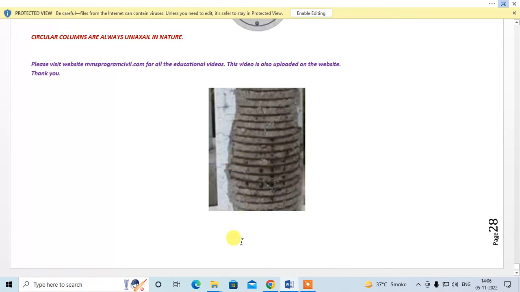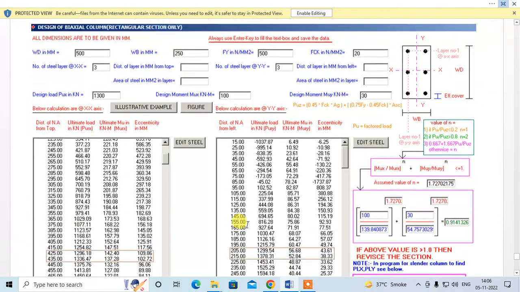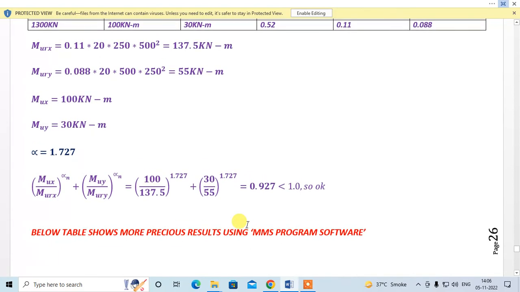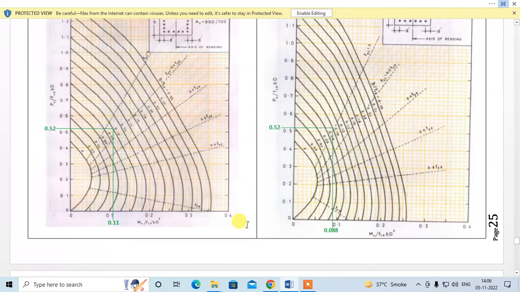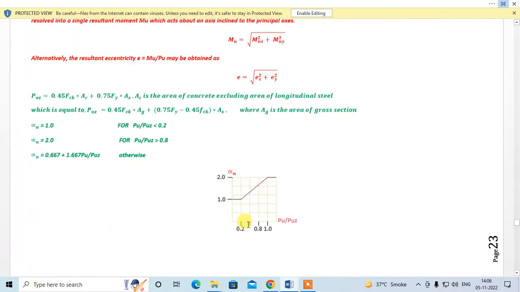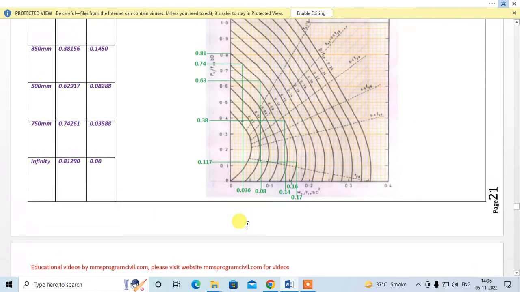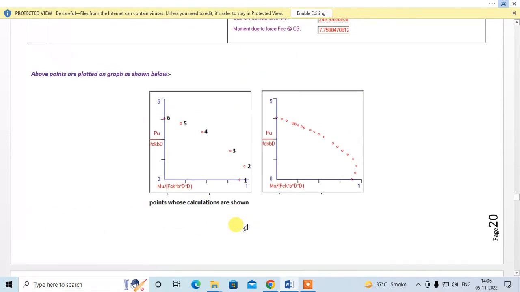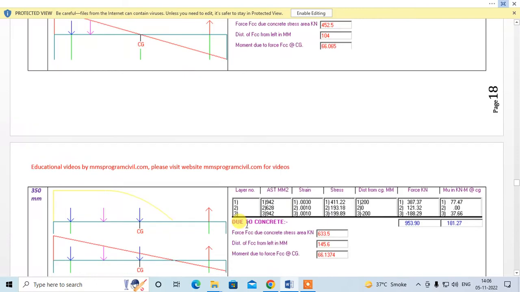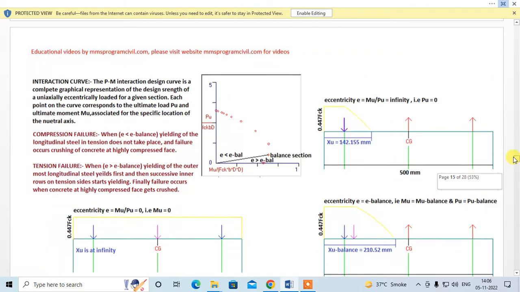That is why spiral columns are assumed to take more load than the actual tied columns, right? This is the reason, because spirals confine the concrete very beautifully. Okay, so let me come back to the topic.